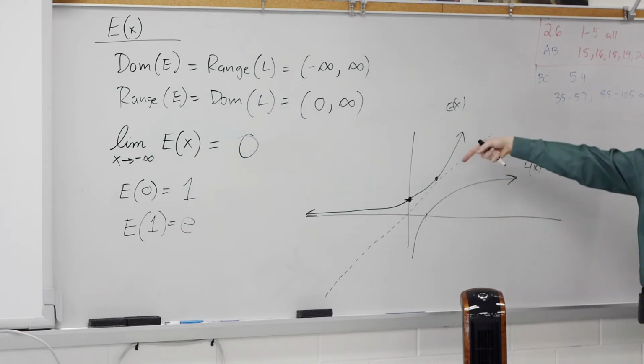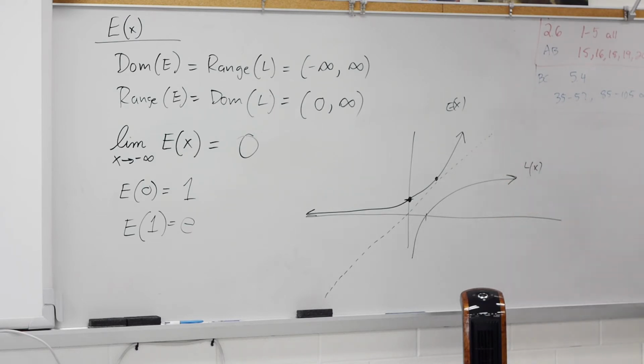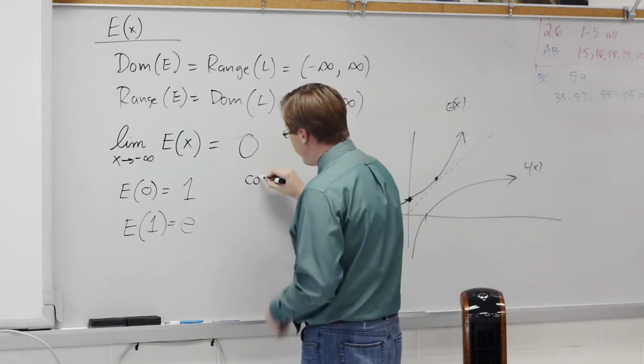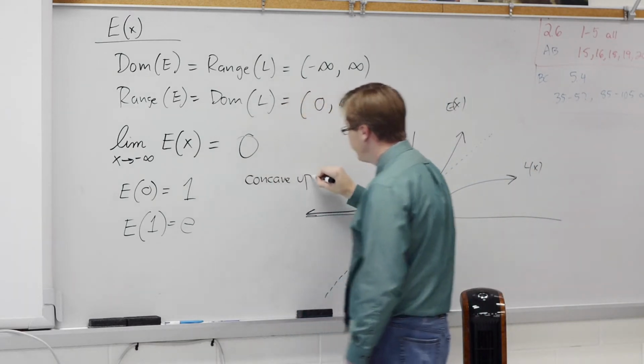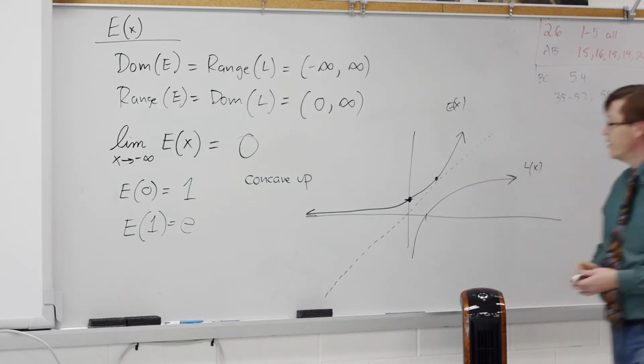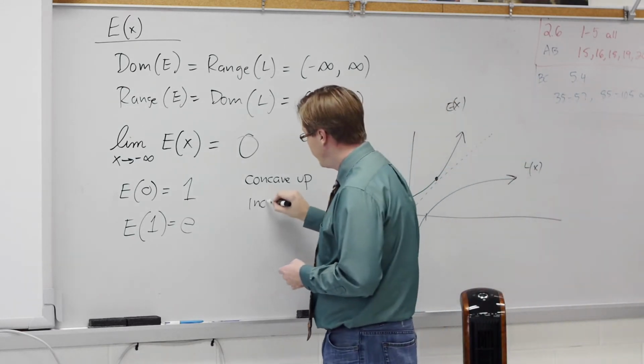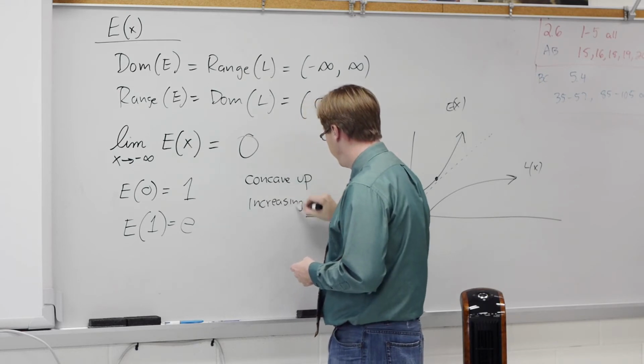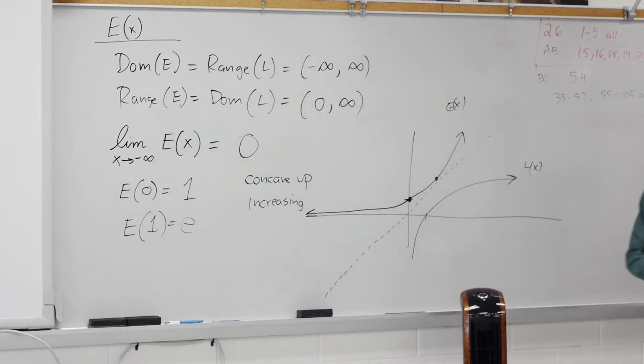So this, flip it up, turns into E. E is always concave up because L is always concave down. And E is always increasing. L is always increasing. So any questions about the graph of E or its basic properties?